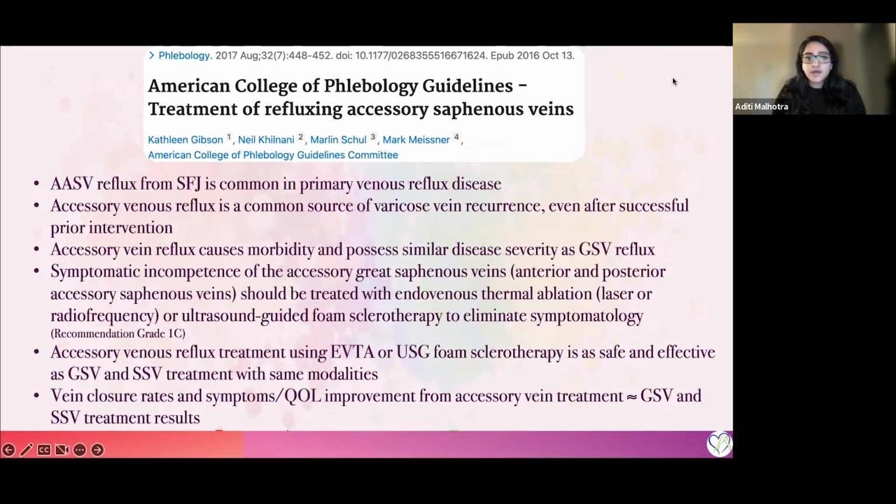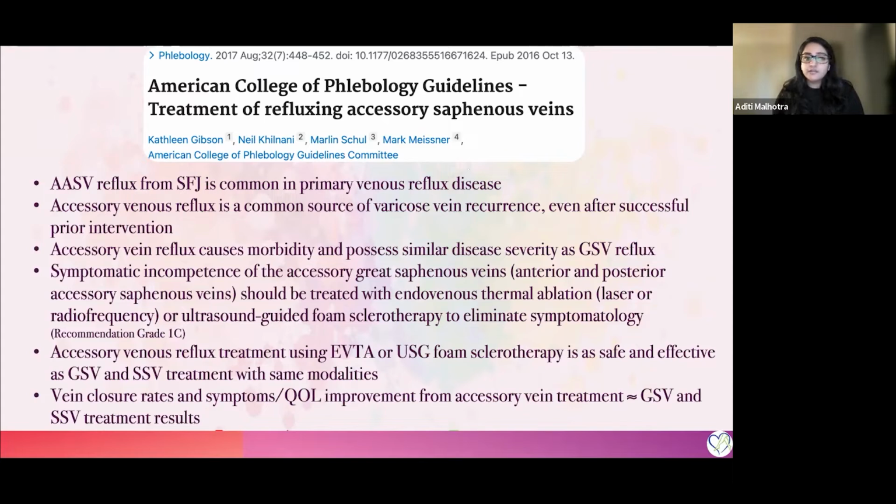Symptomatic incompetence of the accessory great saphenous vein, whether it be the anterior or posterior, should be treated with endovenous thermal ablation or ultrasound-guided foam sclerotherapy to eliminate symptomatology. This was a grade 1C recommendation that had been given at the end of the paper. Accessory venous reflux treatment using endovenous thermal ablation or USG foam sclerotherapy is as safe and effective as when you use it for a GSV and SSV treatment.